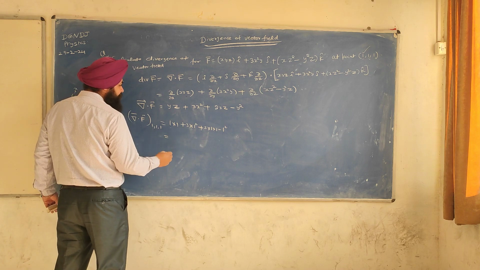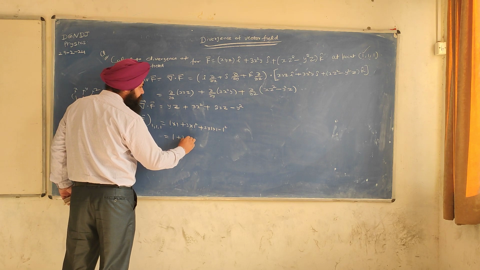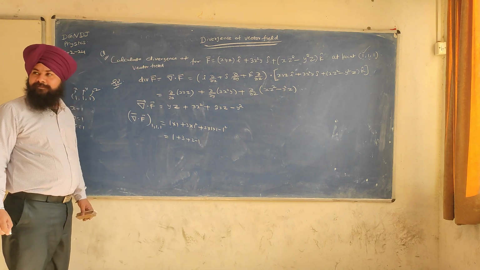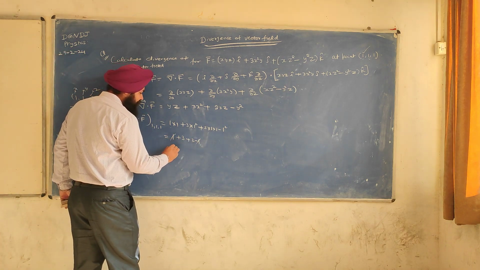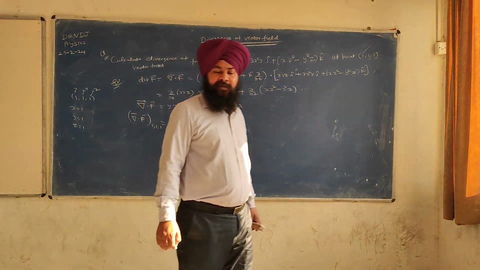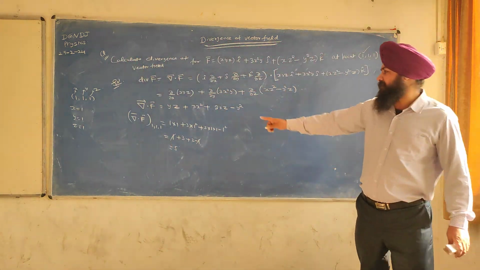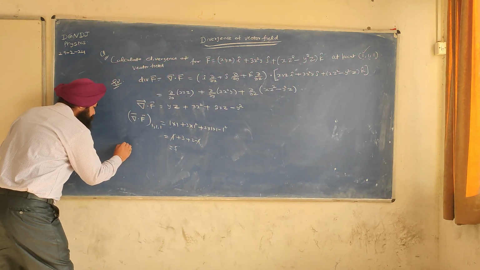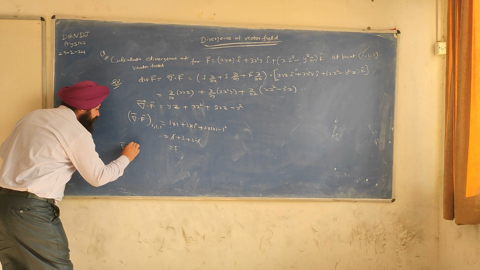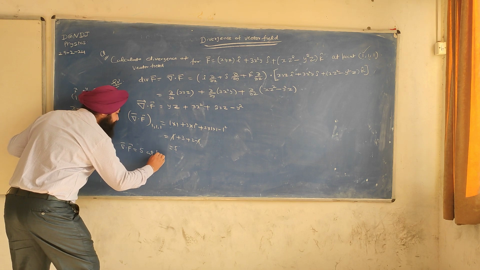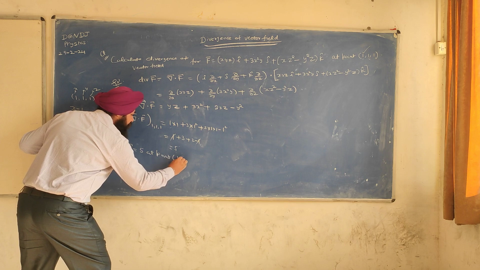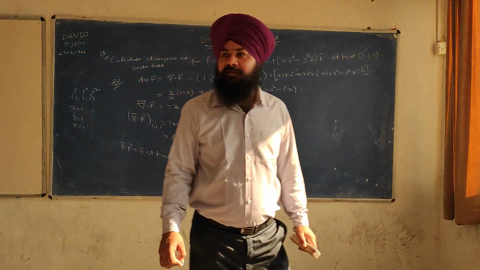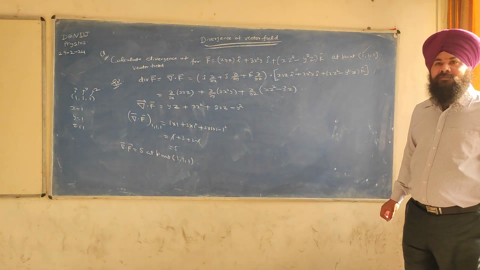What's the answer? 1 plus 3 plus 2 minus 1. सही? Yes. 1, 1 cancel. The answer is 5. Divergence of f at point 1, 1, 1: you can write del dot f is 5 at point 1, 1, 1. Okay.